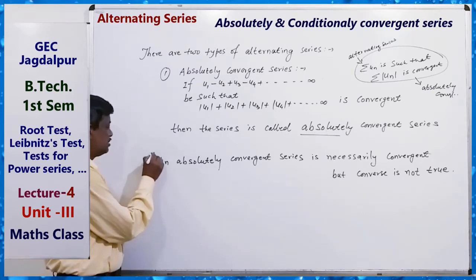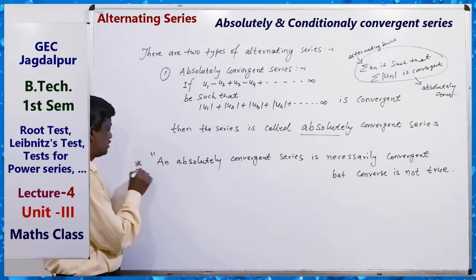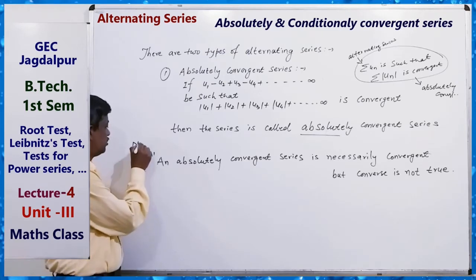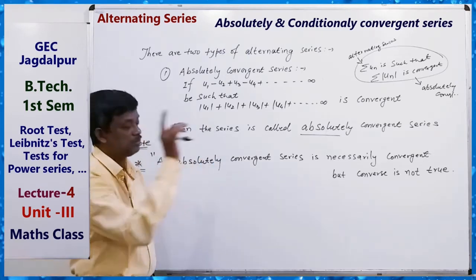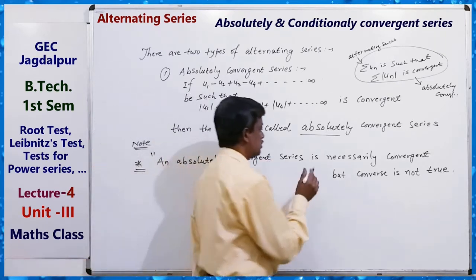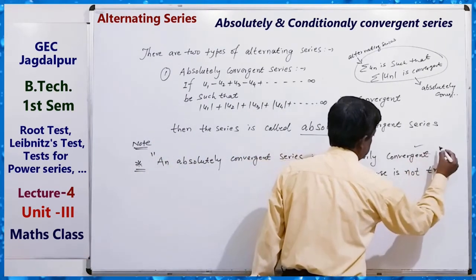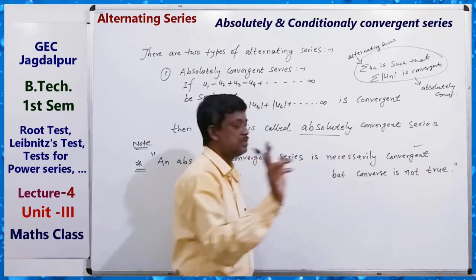An important result, so note it down: an absolutely convergent series is necessarily convergent, but the converse is not true.